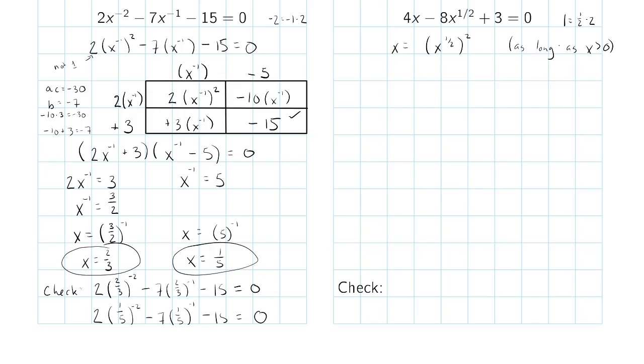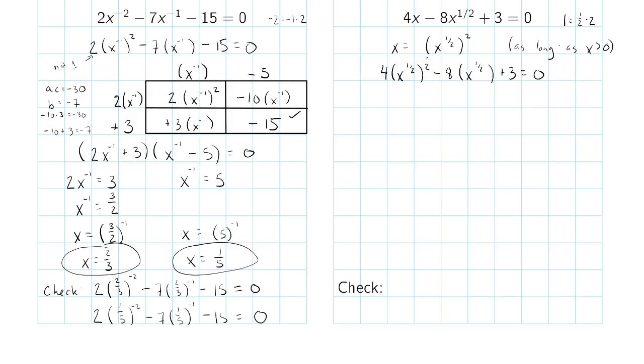So what do we have? We have 4 times x to the 1/2 squared minus 8 times x to the 1/2 plus 3 equals 0. And now we're going to pretend this is a polynomial with a variable that happens to be called x to the 1/2.